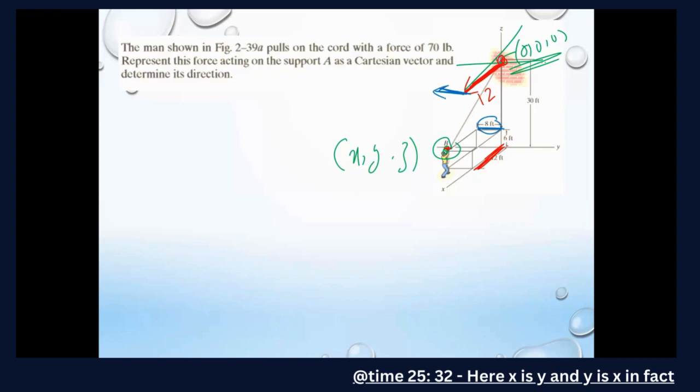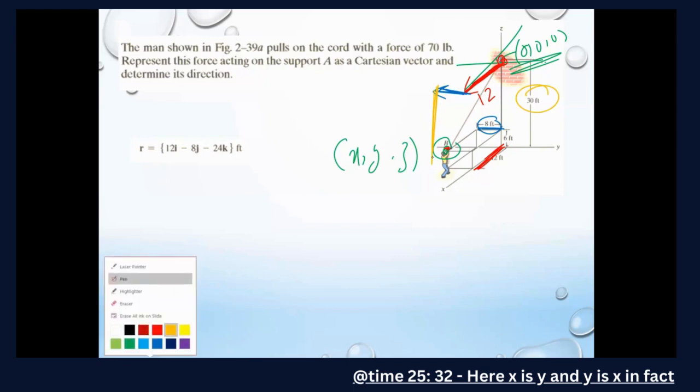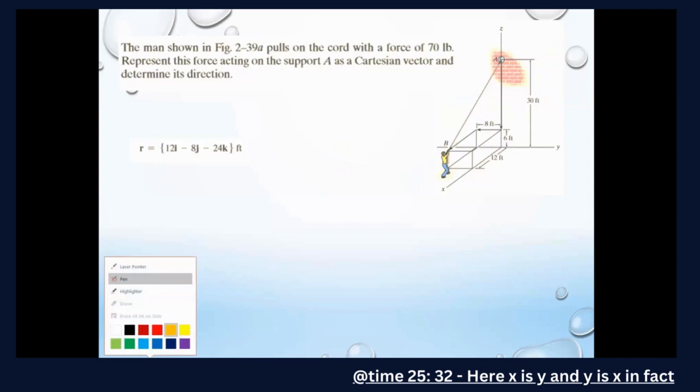And then how much do I need to move in Z to reach that point? If I change color again for this representation, I need to move down. This is written as 30, right?